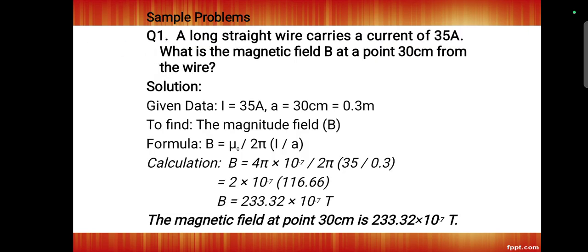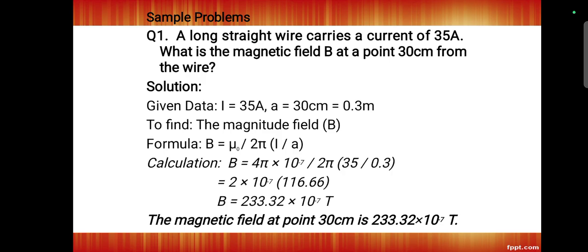Let us take one basic problem based upon this law. A long straight wire carries a current of 35 amps. What is the magnetic field B at a point 30 centimeters from the wire? It is given that the current I is equal to 35 amps and a is equal to 30 centimeters, that is 0.3 meter.